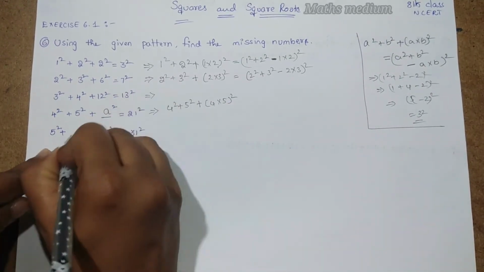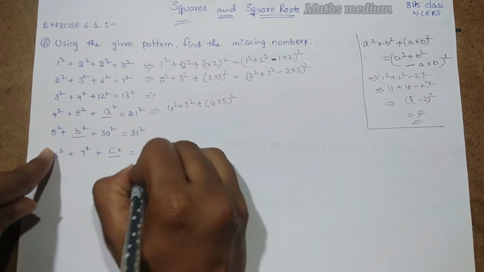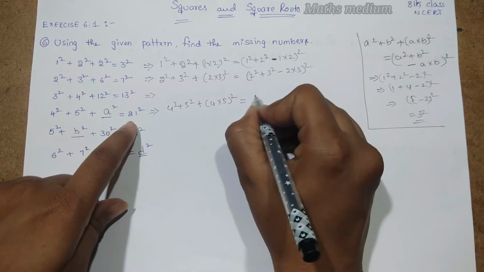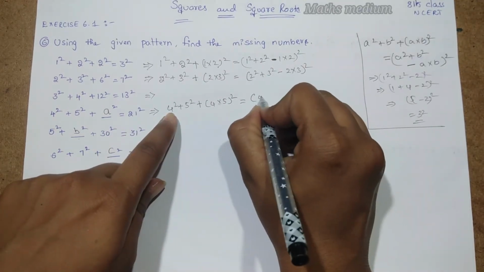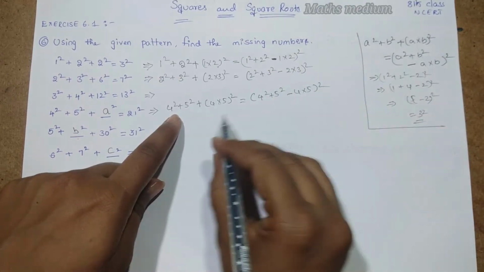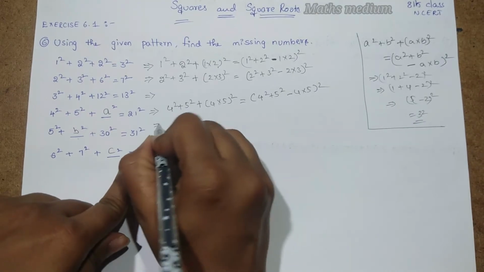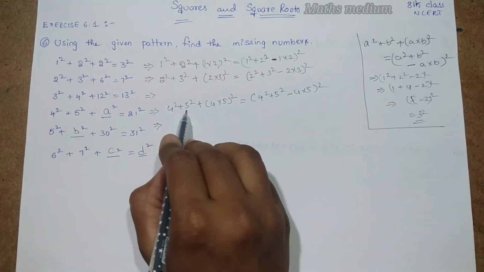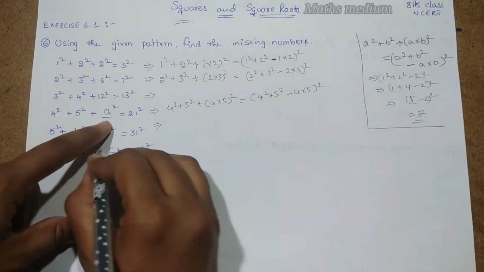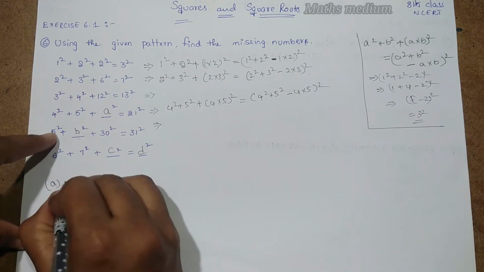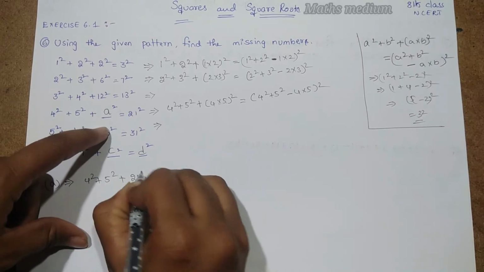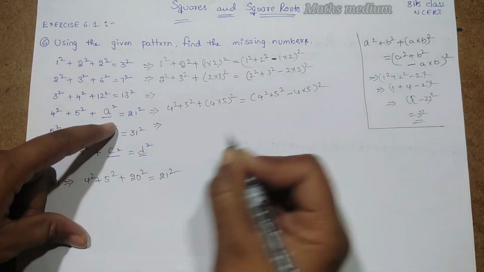Let it be A, this is B, this is C and this is D. The pattern is (4 square plus 5 square minus 4 into 5) whole square. Now if you solve this, 4 square plus 5 square is already there, 4 into 5 is 20 square. So here A is 4 square plus 5 square plus 20 square is equal to 21 square.